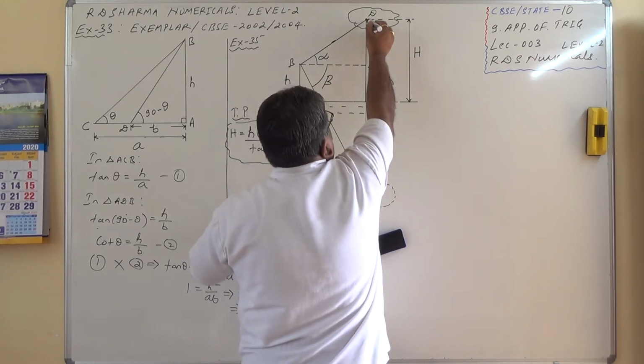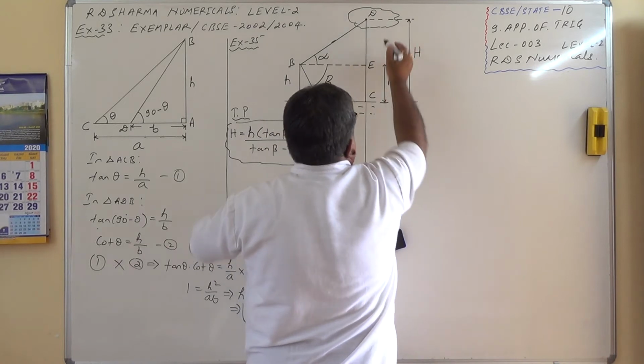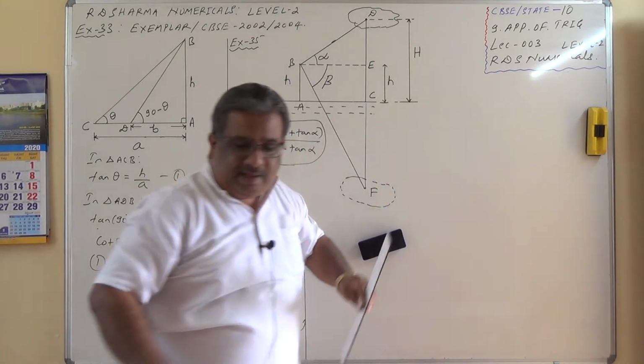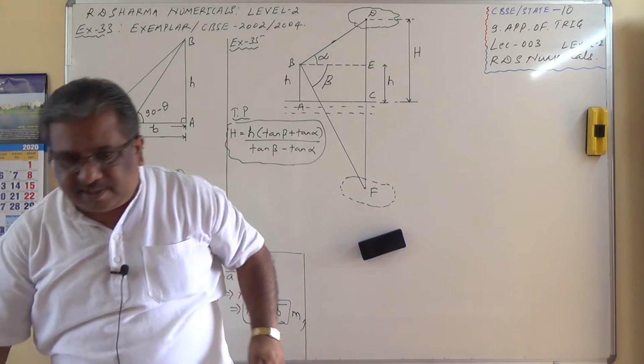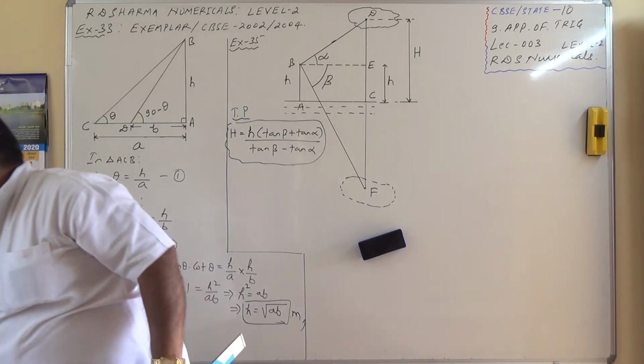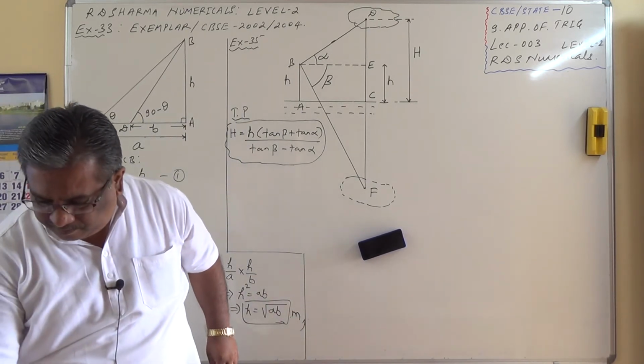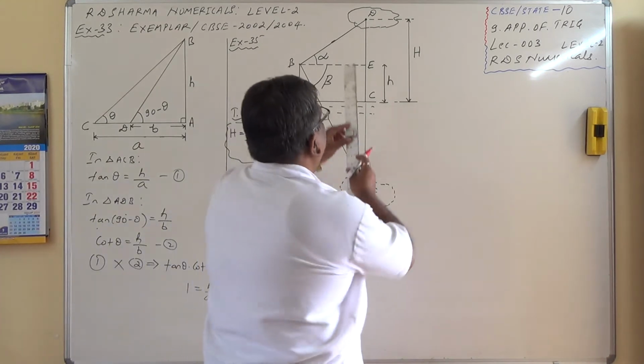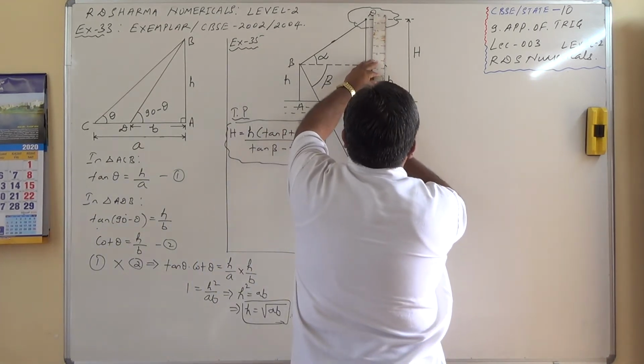The hypotenuse in this triangle is DE, that is from here to here, which I am writing with red letters. See the hypotenuse of this triangle.